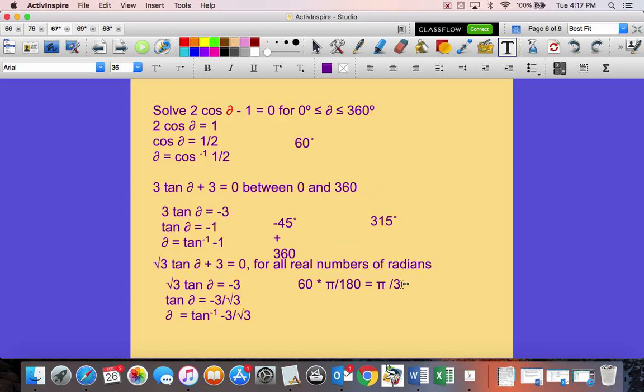This one, we would have to do pi over 3 plus, now how many radians are in a circle? 2 pi radians are in one circle, and then if we multiply that by n and add it to our pi over 3, that would get us all the real number of radians for that. Okay, there's one of your answers for it.